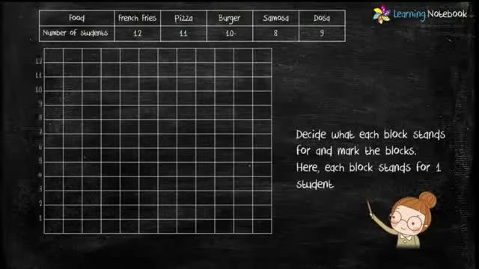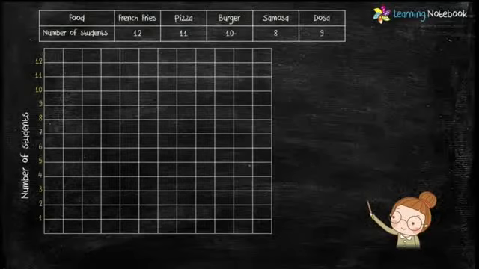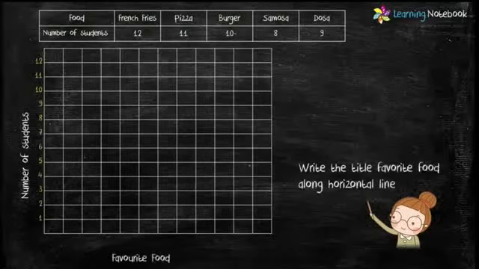So let's mark the blocks as 1, 2, 3, 4 and so on. Now, let's write what these numbers represent. They represent number of students. Now, let's write the title for horizontal line, which is favorite food.